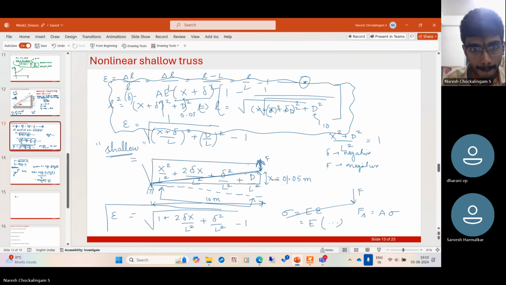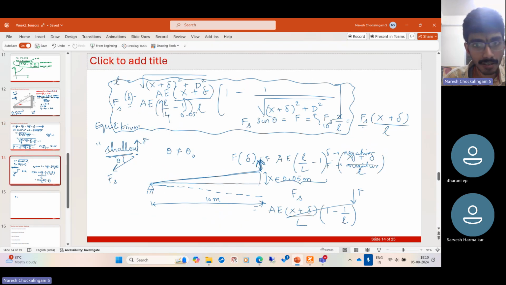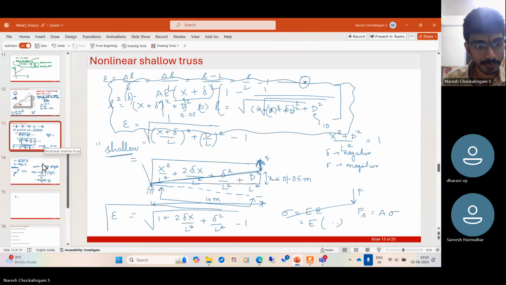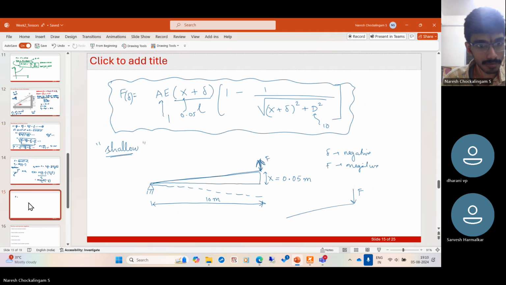So let's look at the dimensions. AE x by L. Yeah, something is off with the dimensions. You have to look at it carefully.